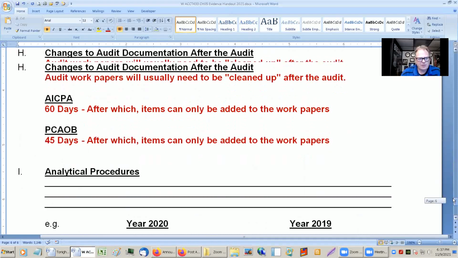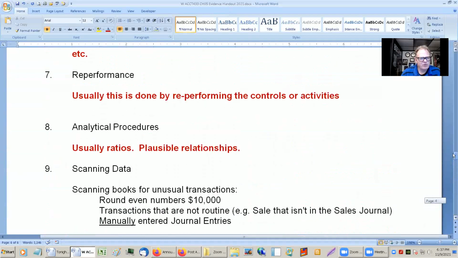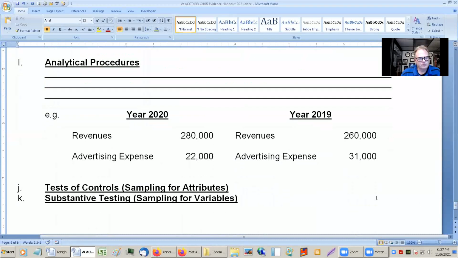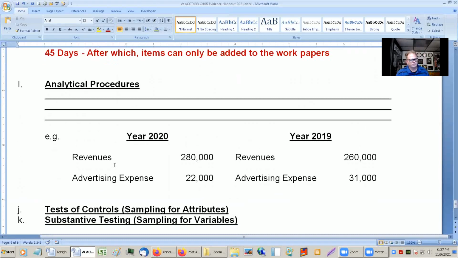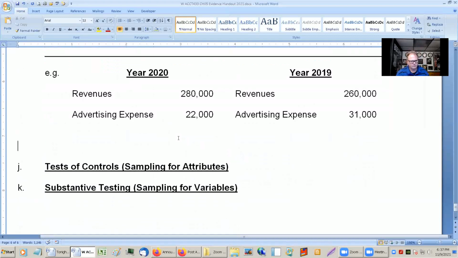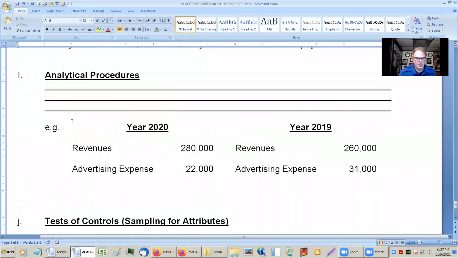Analytical procedures, we talked about this, I think, up here somewhere. Okay, analytical procedures. Analytical procedures are things where you look for plausible relationships.